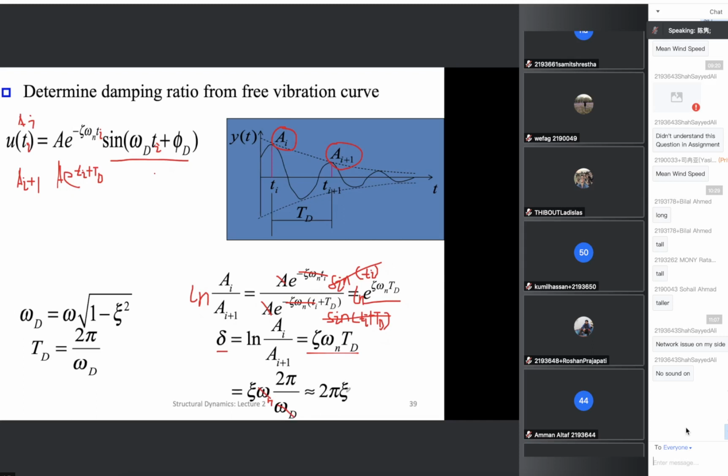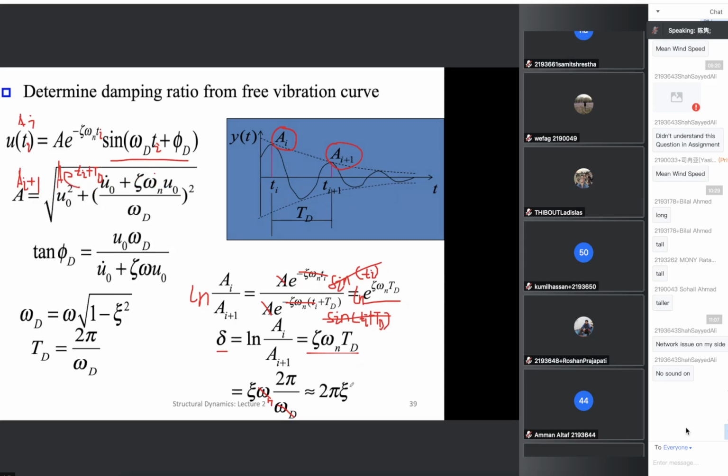Zeta and epsilon are the two variables very commonly used to represent damping. So this is the damping ratio: delta divided by 2 pi.